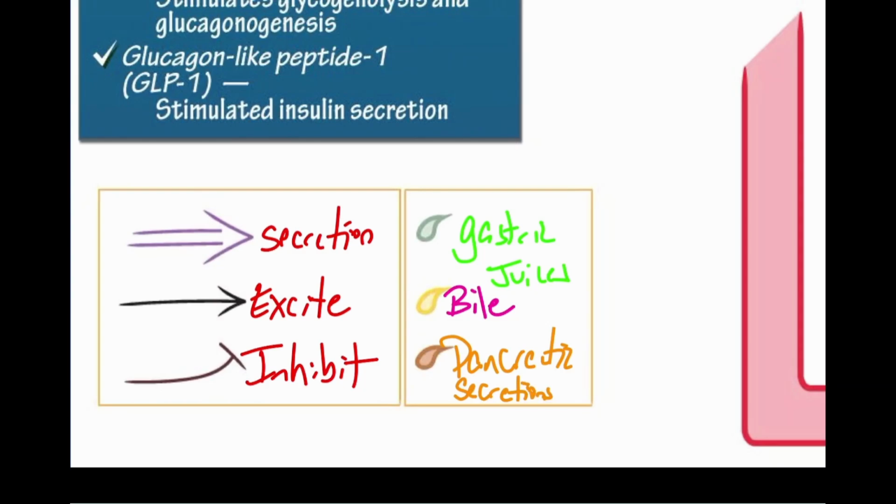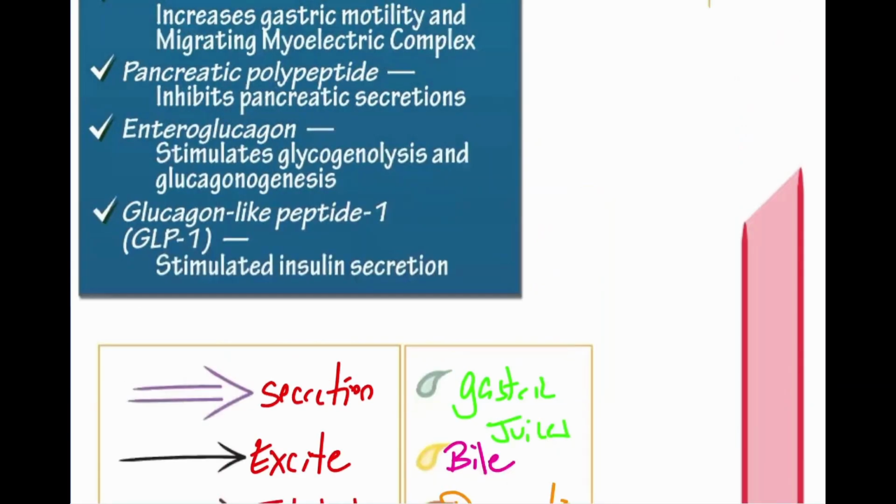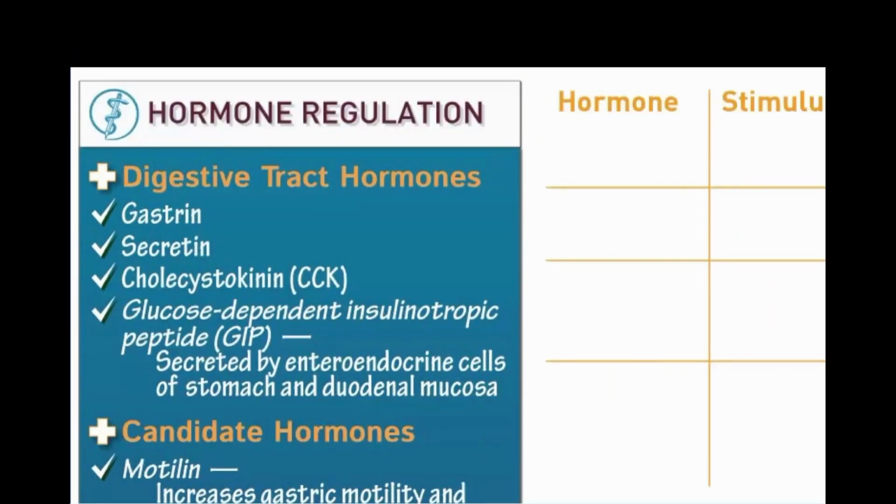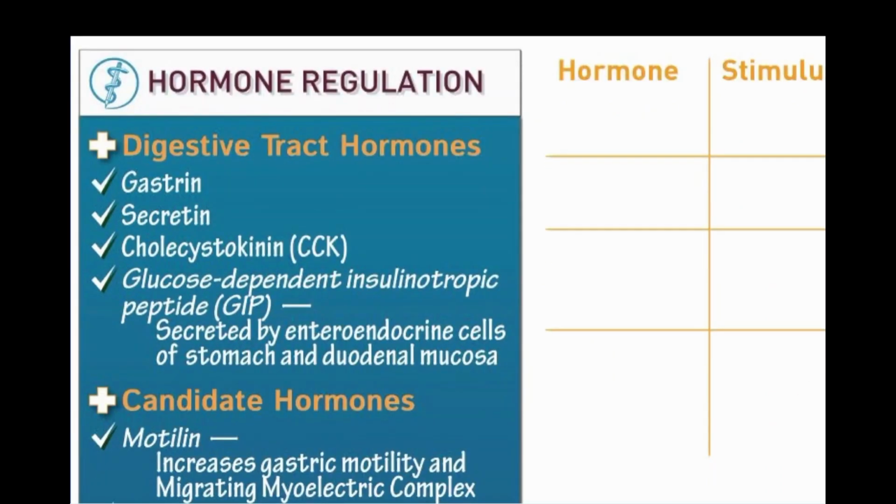Okay, so when we draw them out, I'll use those colors. Let's look at the top part, the digestive tract hormones. We're going to talk about gastrin, secretin, cholecystokinin, and the last one, glucose dependent insulinotropic peptide. What does that mean? It needs glucose to be present. What is it going to do?